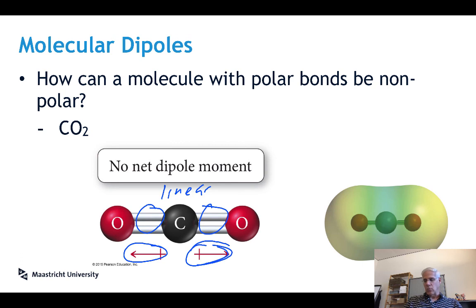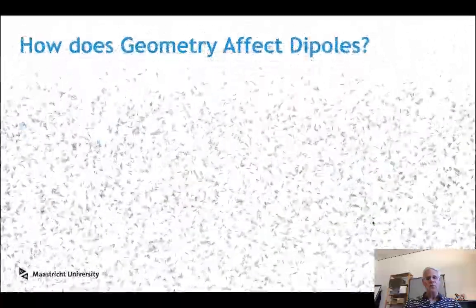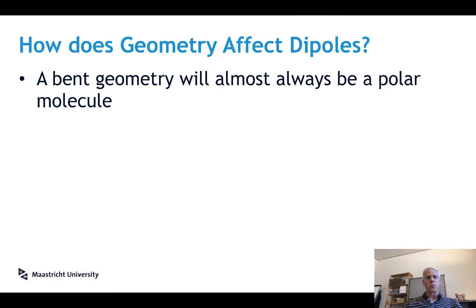And so what ends up happening is the tug of war between the two oxygens and the carbon just comes to a standstill, and we get a fairly even distribution of electron density around that molecule, and we end up with a non-polar molecule. Even though each individual bond is polar, the two dipoles are acting against each other and cancel each other out.